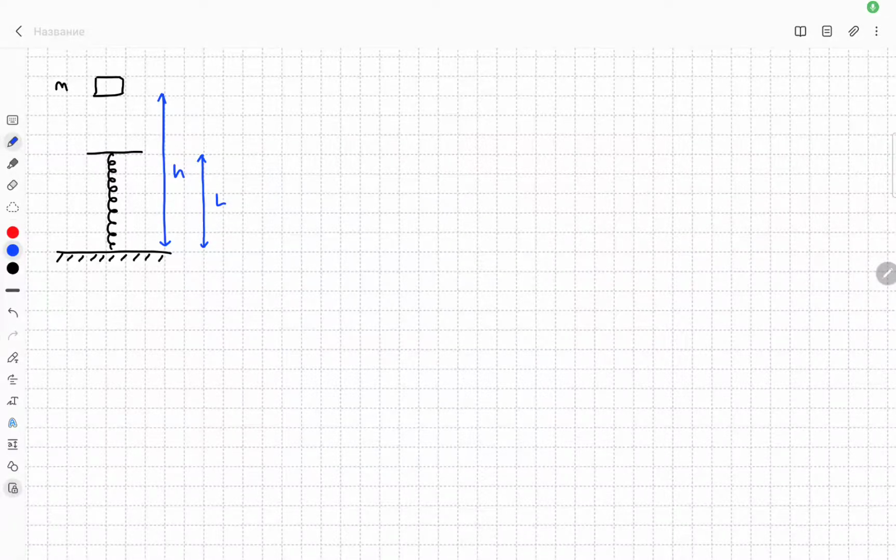Problem, we should find the maximum force exerted on the floor, on the surface, by the spring. And this force is very simple. It's obvious: the spring force.